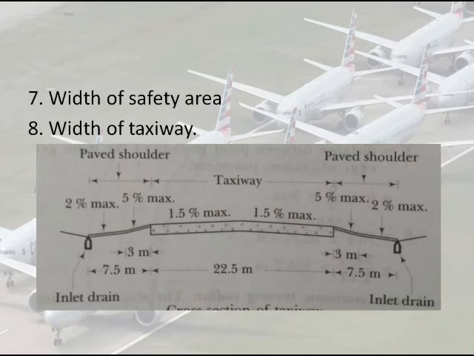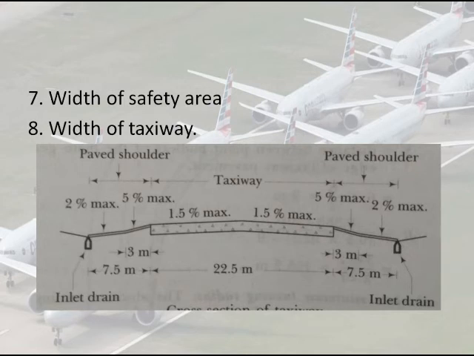Before the advent of jet aircraft, the shoulders were given either of the following two treatments. The first one, natural ground protected with low growing vegetation, or stabilized granular material coating where the soil or climatic conditions do not permit easy maintenance of plantation.